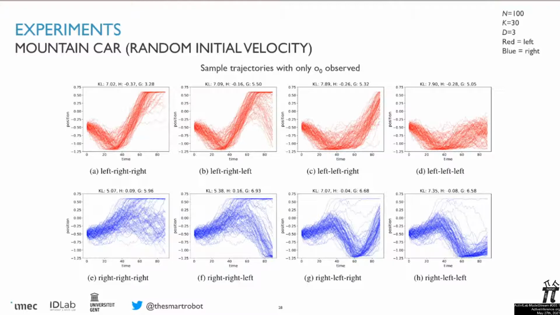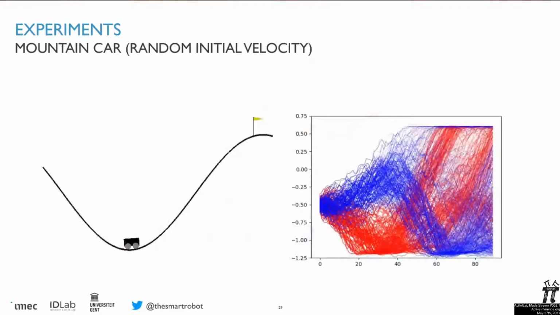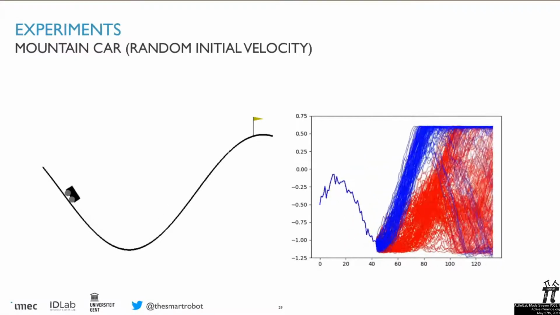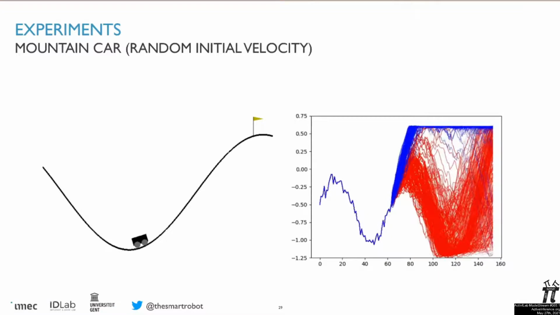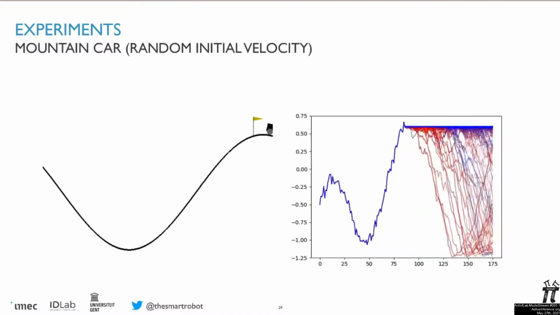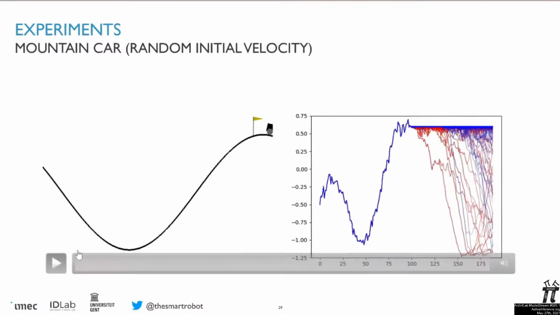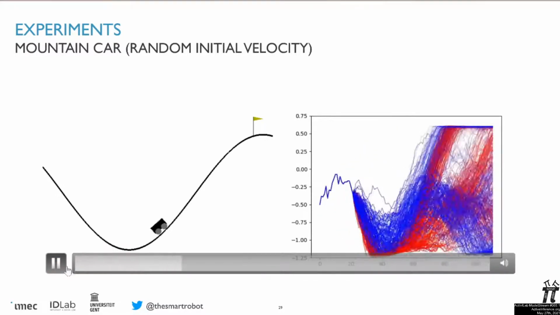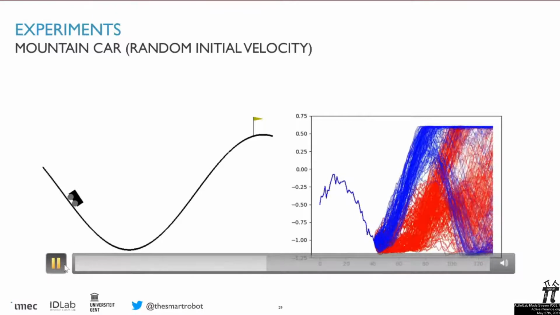And if you go to the next slide, please. Here we can then see this in action. So in this animation, we collapse the imagined trajectories to the actual trajectory. And you see that in the beginning, it believes that more red policies will reach the top.